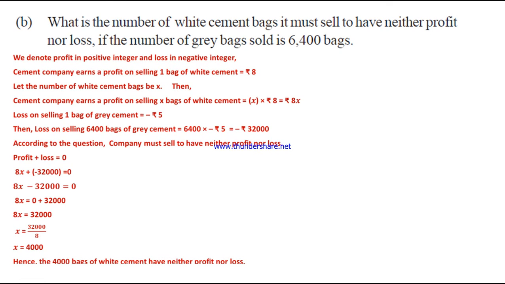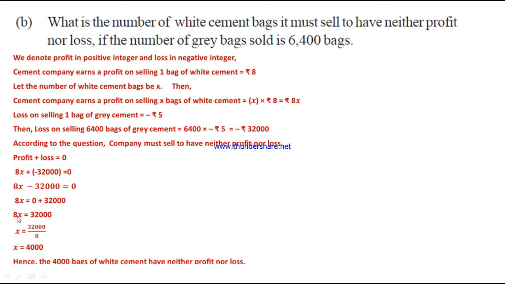We are transferring the position of the number. When you do that, the operation changes, the sign changes. The 32,000 under subtraction, minus 32,000, becomes plus 32,000. Then 8x equals 32,000.